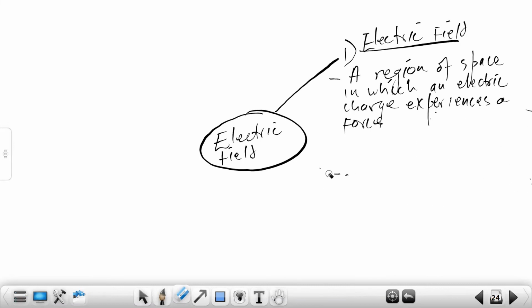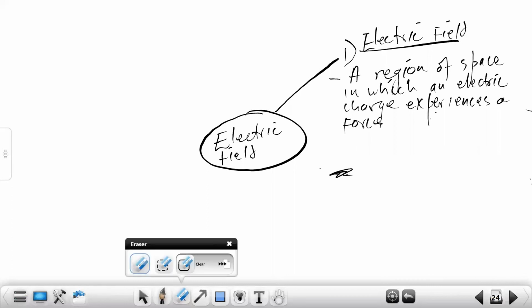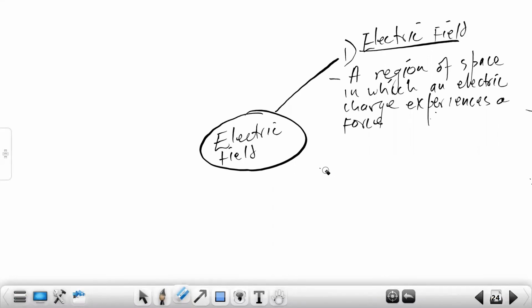So we know that now we have this region or this space, but what is it that is happening in that space? We have now a charge, and that charge is experiencing a force. But if it's experiencing a force, it basically says to me, once I have a force, an electric field now must be a vector quantity. This is very key.